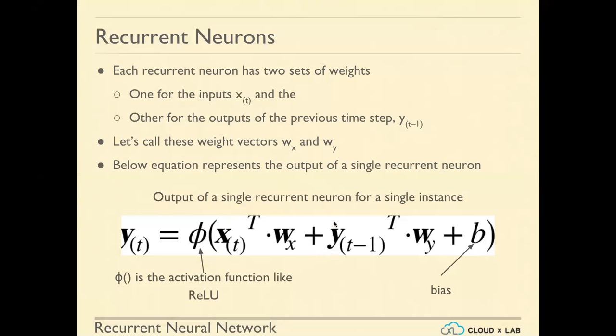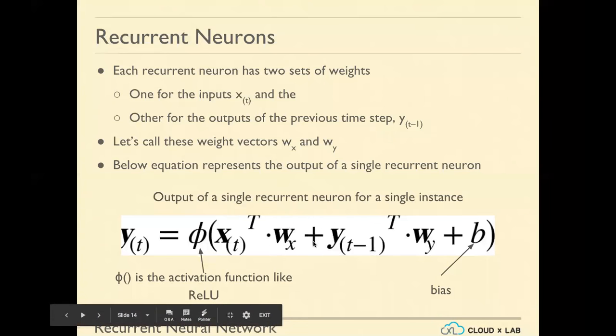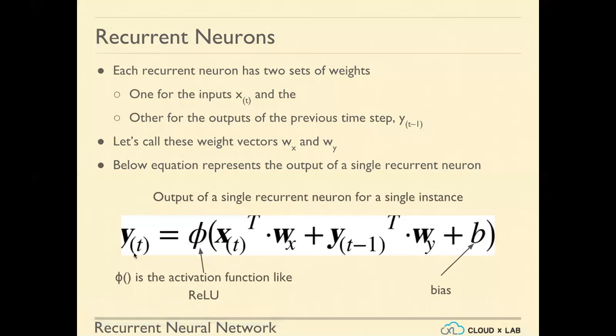This is the output of the previous step, and we are multiplying it with Wy. Wx and Wy are the trainable parameters. In due course of training, these are the weights that we will figure out or tweak such that this output is very close to our actual. All right. So how do we tweak it? Using backpropagation.